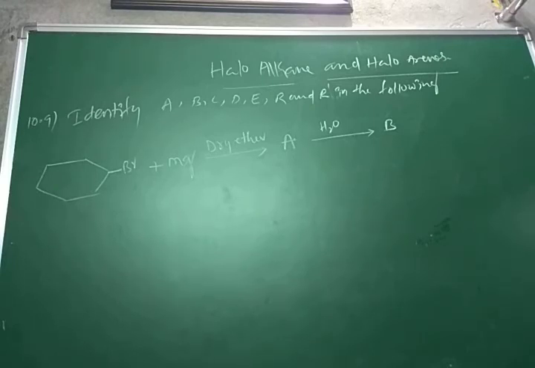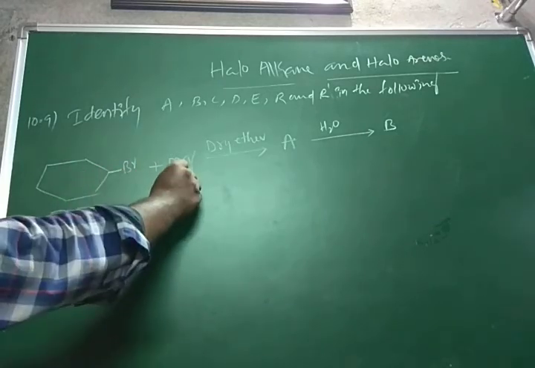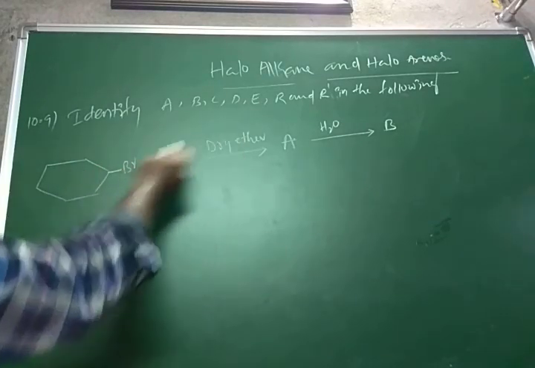This organometallic compound was prepared by the scientist Grignard in 1900. According to that reaction, the Grignard reagent is RMgX, alkyl magnesium halide. Here, this compound reacts with the metal magnesium in the presence of dry ether.